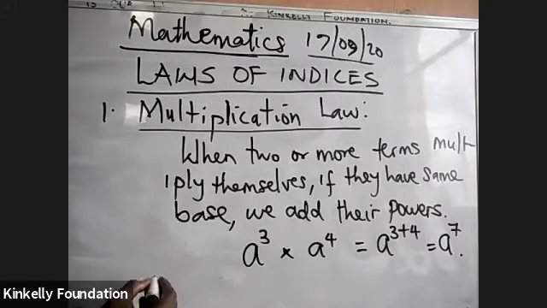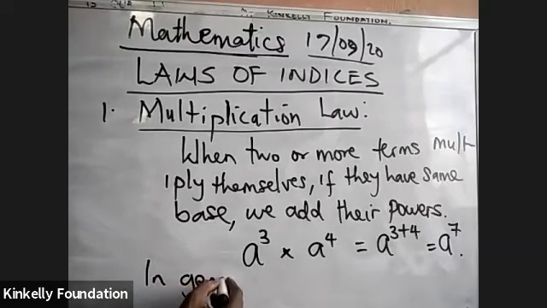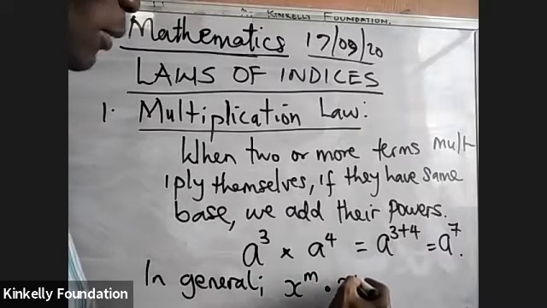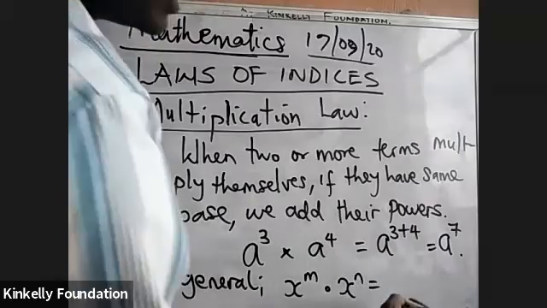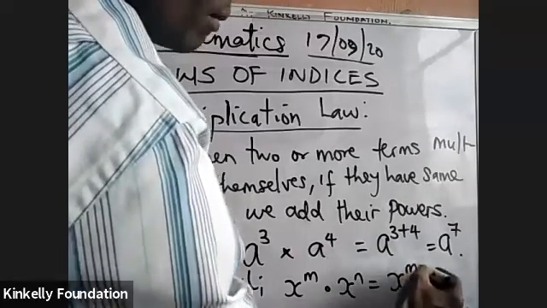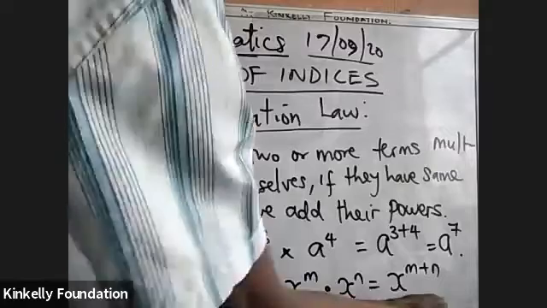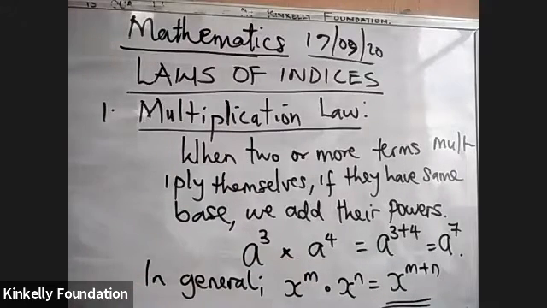Then in general, if you say S raised to power m times S raised to power n, it means S raised to power m plus n. This is the general format for it.